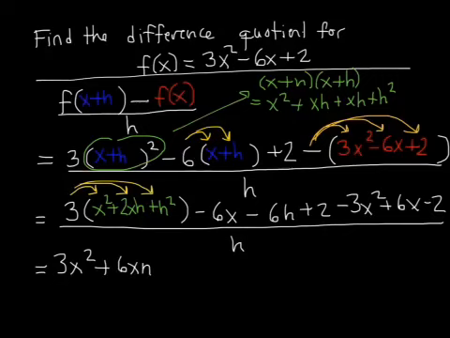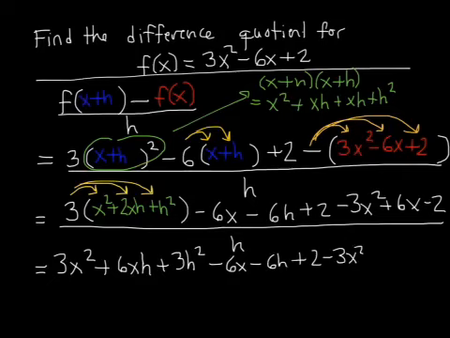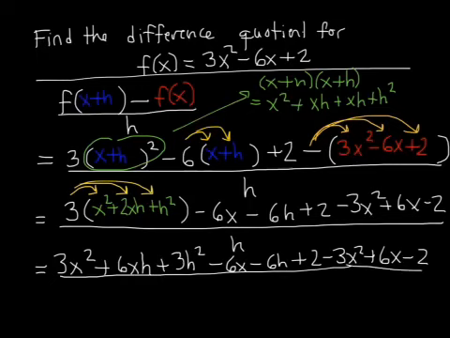And finally, 3 times h squared is going to give me plus 3h squared. Then the rest of this gets written on down. Minus 6x minus 6h plus 2 minus 3x squared plus 6x minus 2. And I'm going to divide all of that by h still.